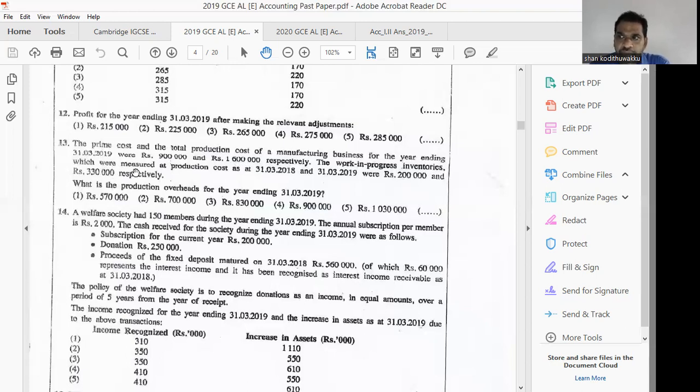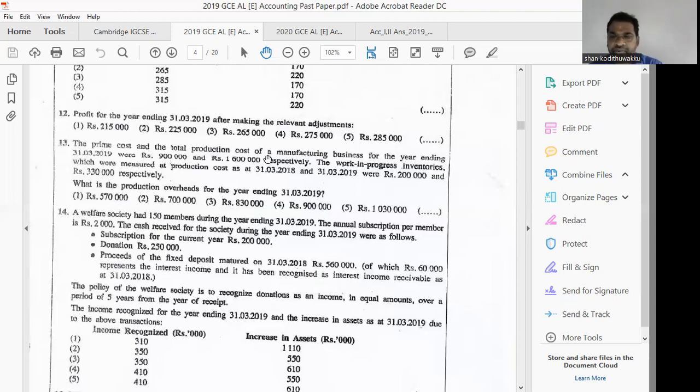Therefore, we reached the final answer by deducting 130, the difference between opening WIP and closing WIP, because opening is the plus figure 200 and closing the minus figure 330, therefore minus 130. After deducting 130, we reached 1.6 million, that is 16 lakhs. Therefore, we had to add back this 130 to the final answer and take the difference.